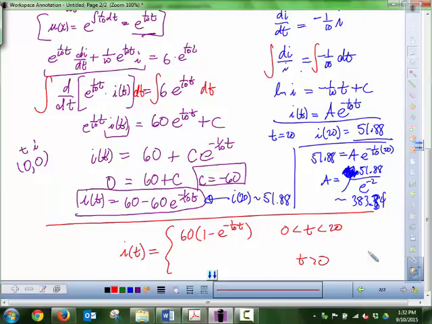And when it's bigger than that, it's this constant, 383.34 times e to the negative 1/10 t.